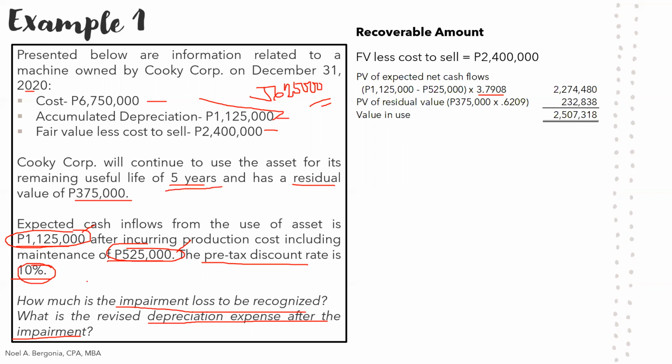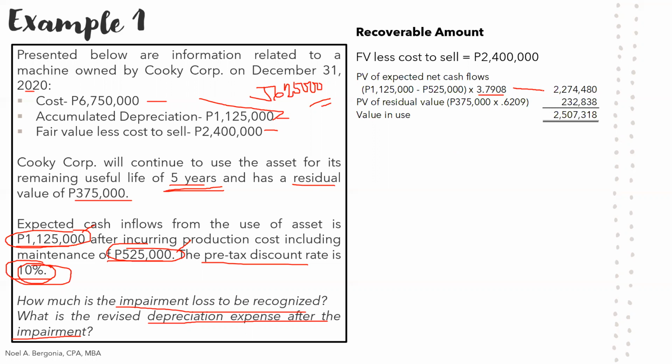Dahil itong inflows and outflows na to are expected to be received every period, then technically you need to present value it using the annuity. Again that would be 10% for 5 years, ordinary annuity po tayo. Kaya 3.7908. Multiplying it with the net cash inflow, we have the present value of the expected net cash flows of 2,274,480.